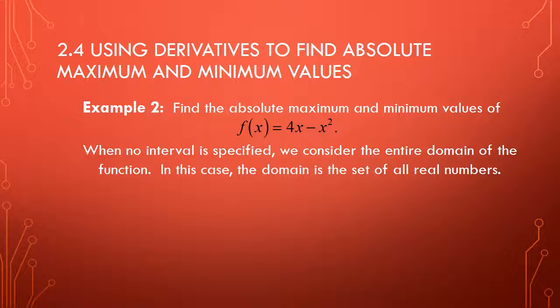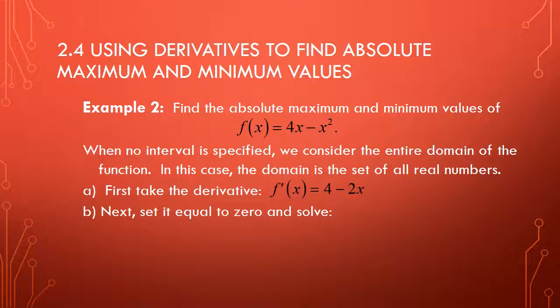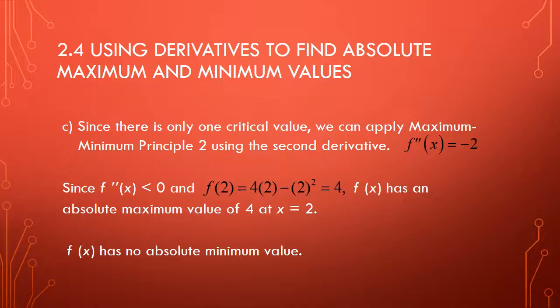So we're going to use the set of all real numbers. First, take the derivative, and we get 4 minus 2x. Set it equal to 0 and solve. Very simple math here. Okay, so we only have one critical value, and we can use the principle 2 that we just talked about. The second derivative is negative regardless of what x is. It's -2.